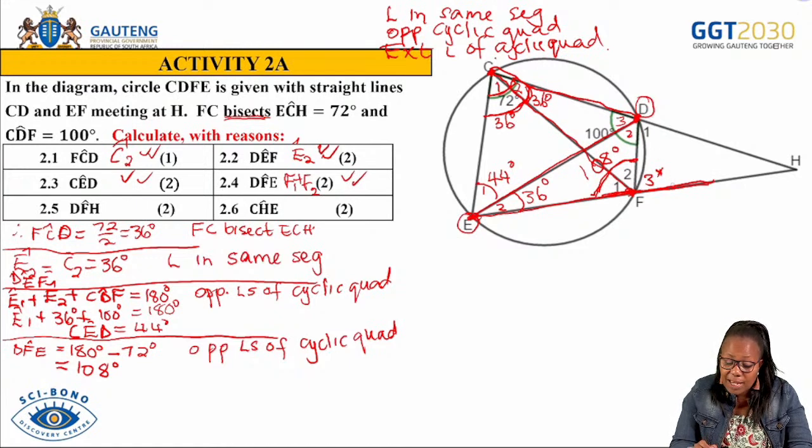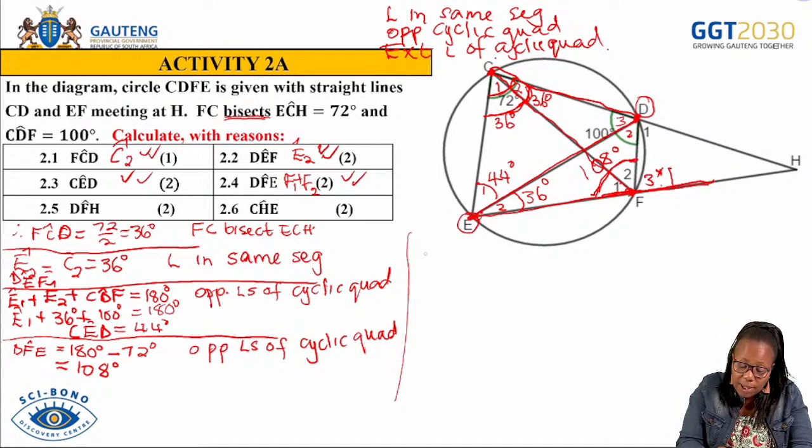If you are using the exterior of a cyclic quad, remember, you come in, you pass that one, that means it will be equal to angle C. Therefore, angle F3 or angle DFH will be equal to angle C, which is equal to 72 degrees. Why? Because it's an exterior angle of a cyclic quad.